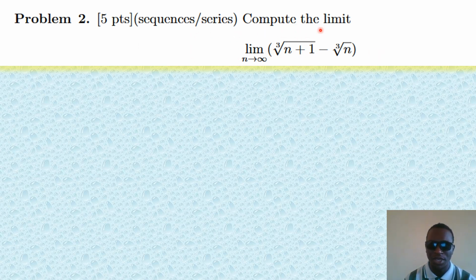You have to evaluate the limits of this. Compute this limit as n tends to infinity of the cube root of n plus 1 minus the cube root of n. So what we have to do in this problem is to know how to simplify this, because if you just plug in infinity, as n gets large, this number also gets larger, minus this other n here gets larger, so you'll be having infinity minus infinity, which is what?